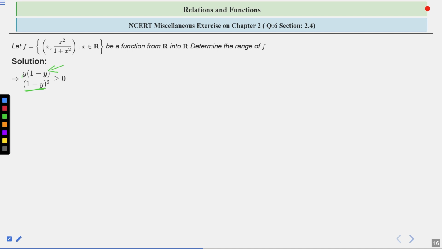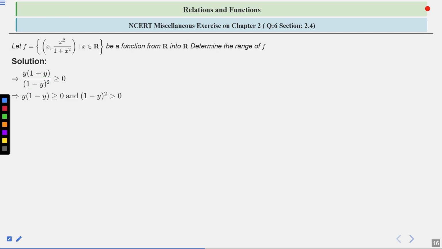If numerator is negative, then the whole expression is going to be negative. Now it is easier to solve for numerator by making the denominator as square of some expression. Clear? So I hope now it is clear why I multiplied 1 minus y to the numerator as well as to the denominator.